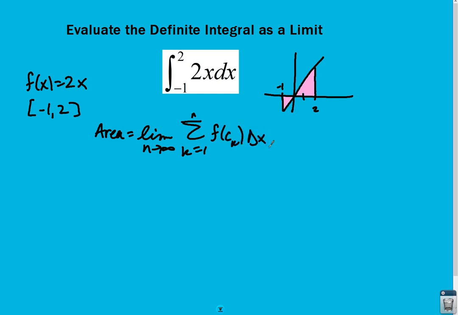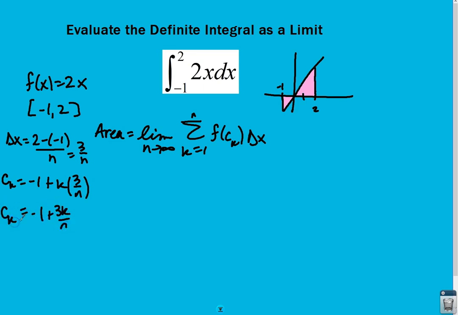Okay, knowing this situation, I've got delta x is equal to 2 minus -1 over n, so 3 over n, and c sub k is going to be -1 plus k times 3 over n, so -1 plus 3k over n is c sub k. So I'm going to plug that into my function.